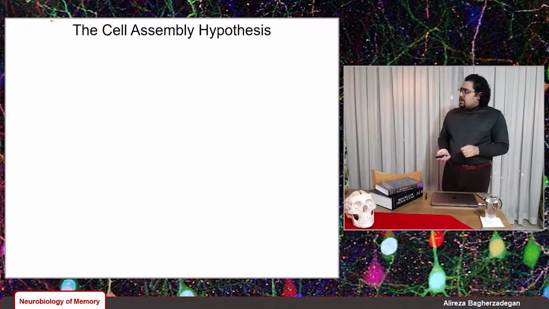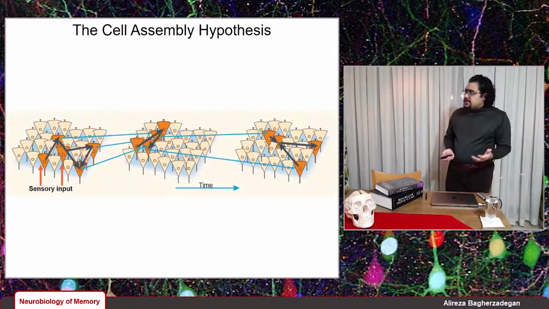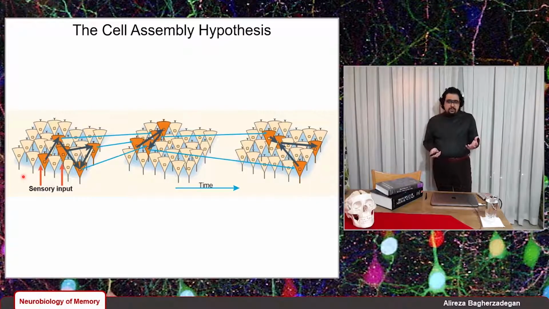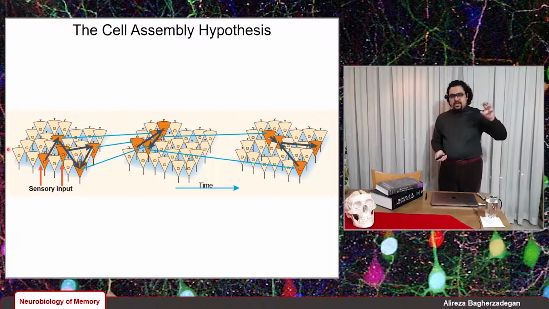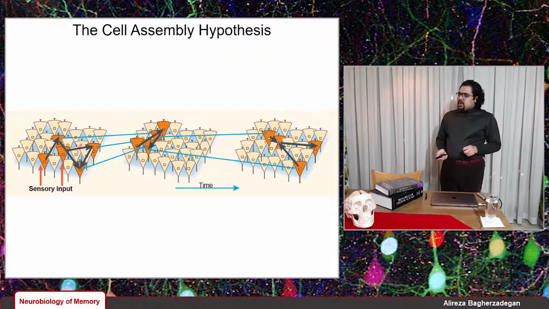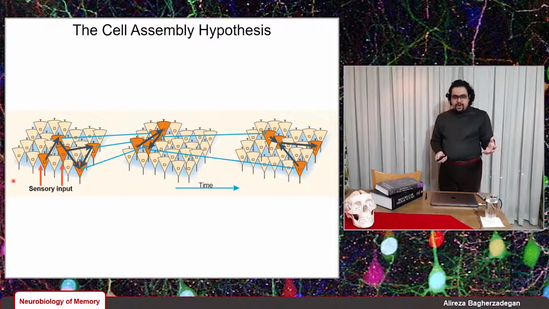So that's a definition of cell assembly, and now let's see how a single cell assembly is activated. First of all, we can have a sensory input, which in this figure is represented by these red arrows. This sensory input can drive some of the neurons participating in a single cell assembly, these colored neurons, not these white neurons, to fire.